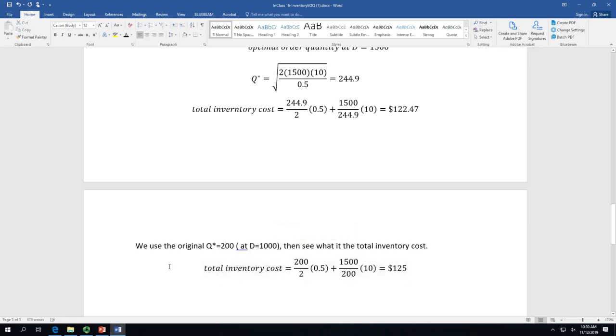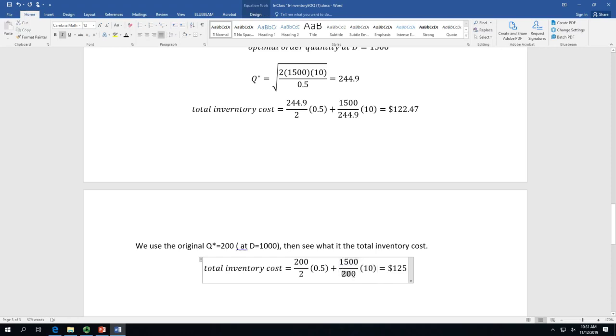But when you calculate the total inventory cost, you still consider the two portions: the carrying or holding cost, and the second half of the equation, the ordering cost.